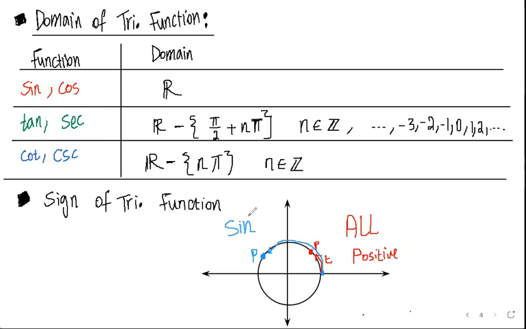The sine function is positive for the second quadrant. The only function that is positive is the sine function. Again, if I walk from this point and I stop up to here, the only function that is positive here is the tan. The tan function here is only positive, and the others are negative.